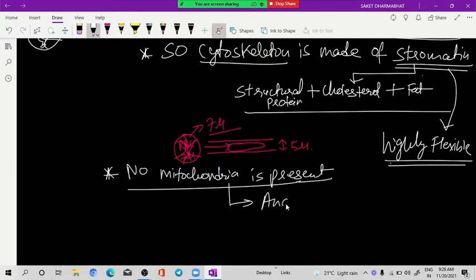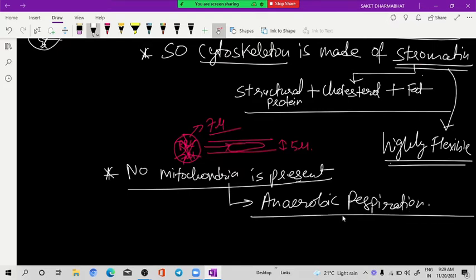Yes, anaerobic respiration will be performed by the RBC. Anaerobic respiration means no oxygen is involved in the respiration.